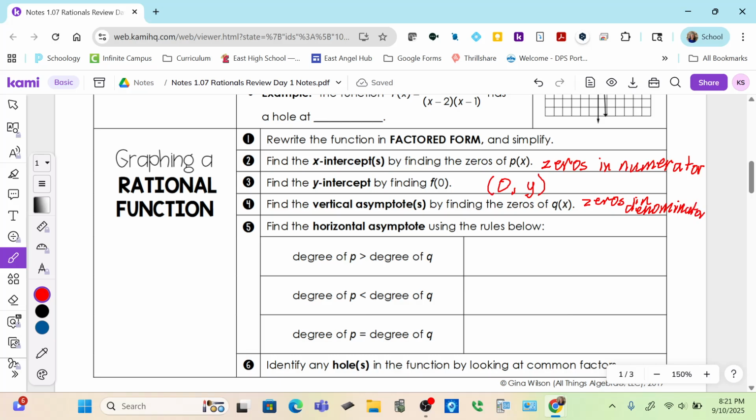We've got some special things we need to remember when finding horizontal asymptotes. When I say degree of P, I'm talking about the numerator, and when I say degree of Q, I'm talking about the denominator.